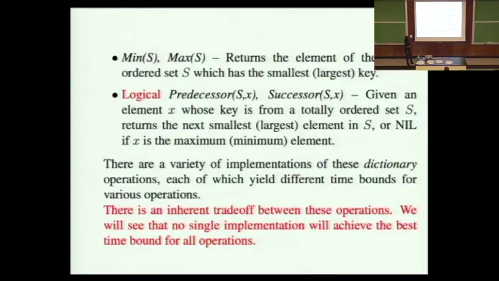Now, predecessor and successor is confusing because oftentimes people think that the predecessor and successor is the next element in the physical ordering that this set gets represented as. But predecessor is not the next element in space to you. It's the logical predecessor or successor.